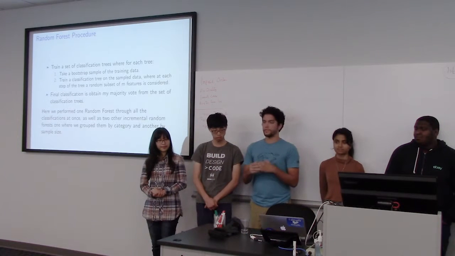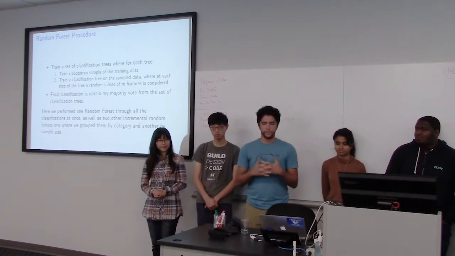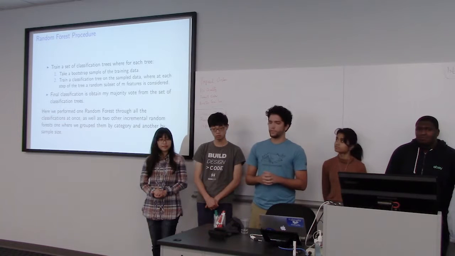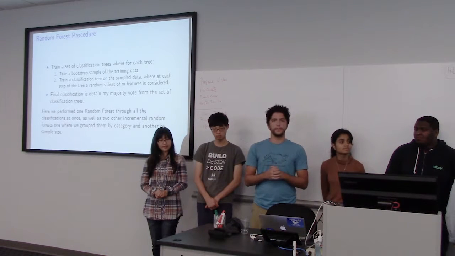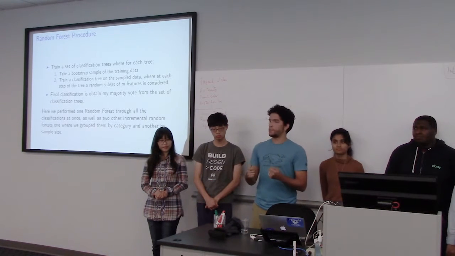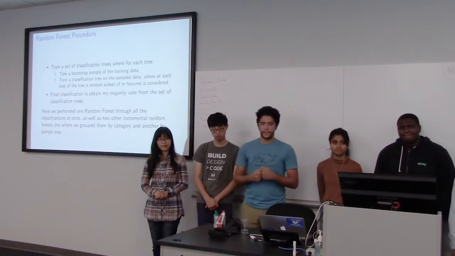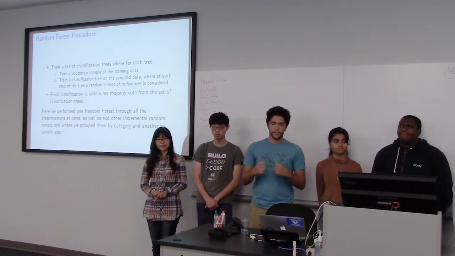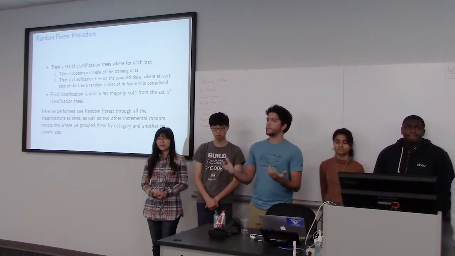In our random forest, the procedure is that of classification trees. For each tree, we take a bootstrap sample of the training data, meaning with replacement, and we train the classification tree on the sample data, where each step of the tree uses a random subset of n features.